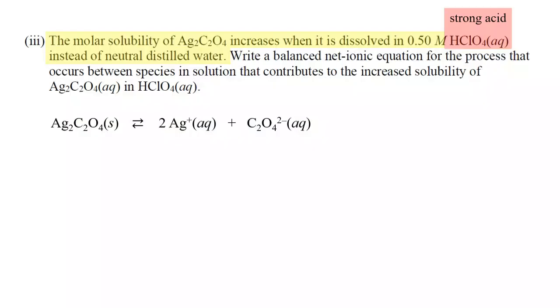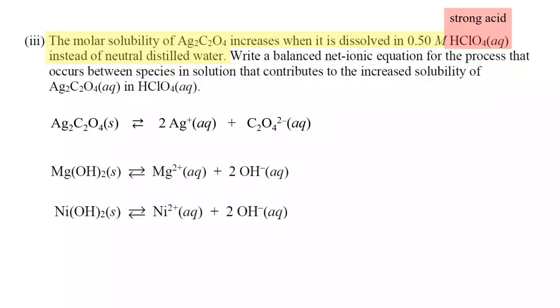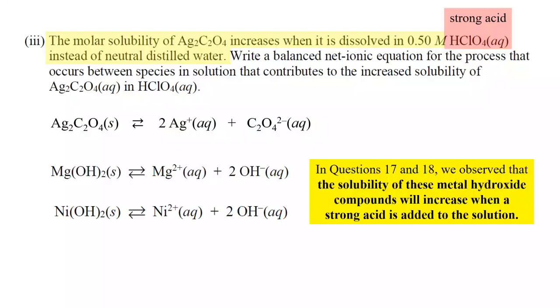Now, strong acid, perchloric acid, we're increasing the solubility just like we saw back in questions 17 and 18, where we observed that the solubility of an ionic compound, a metal hydroxide, increases when a strong acid is added.